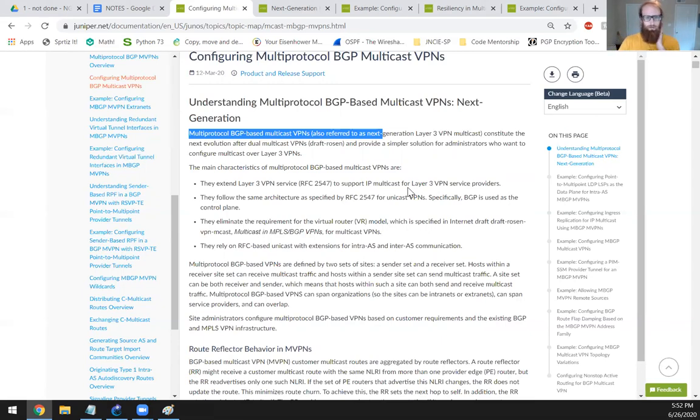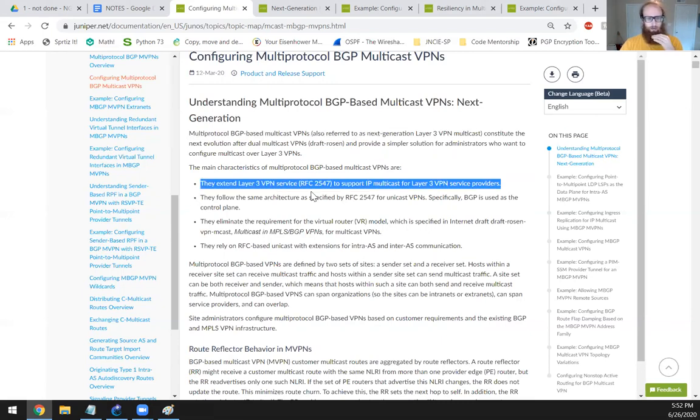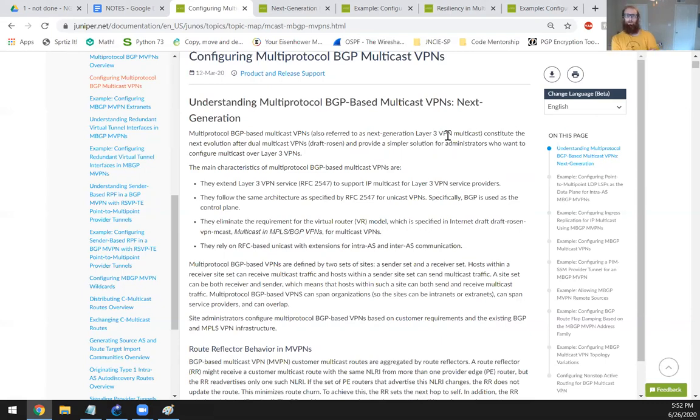The main characteristics of multi-protocol BGP based multicast VPNs are: they extend layer 3 VPN service RFC 2547 to support IP multicast for layer 3 VPN service providers. They follow the same architecture as specified by RFC 2547 for unicast VPNs. Specifically, BGP is used as the control plane.